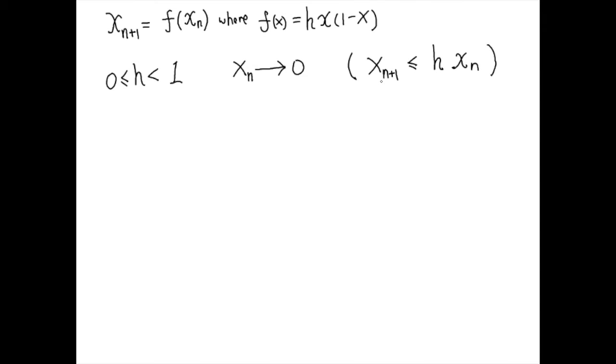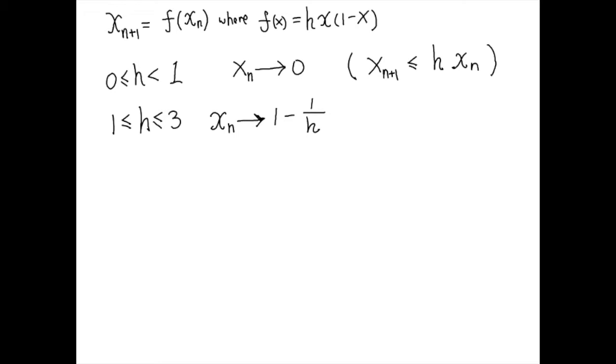We know from the relationship that the next day's population is less than h times the population of the previous day. If h is less than 1, each next day is a fraction of the previous day's population, so eventually you will die off.